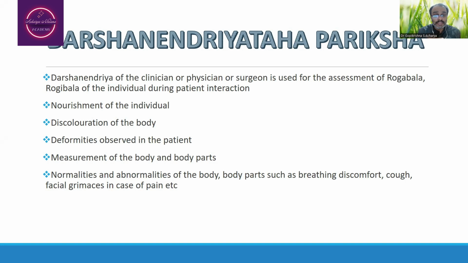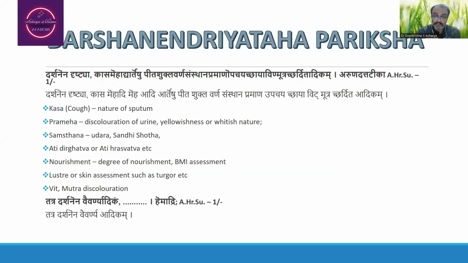Let us see what is the description that is being mentioned in our texts regarding the Darshanendriyataha Pariksha. It is being mentioned in Arunadatta commentary, Ashtanga Hridaya Sutrasthana first chapter, it says, Darshanena Drishtya Kasamehadyarteshu Pita Shukla Varna Samsthana Pramana Upachaya Chaya Vinmutra Chardita Adikam.